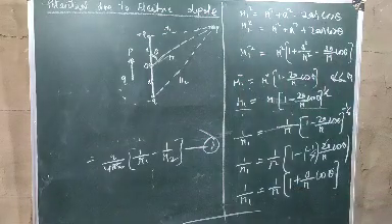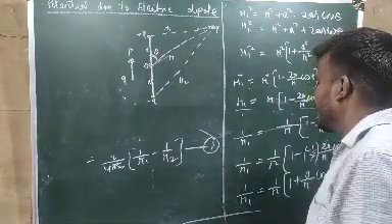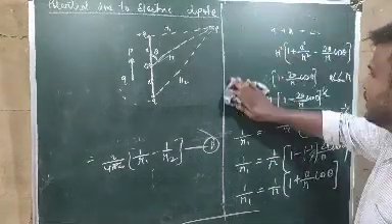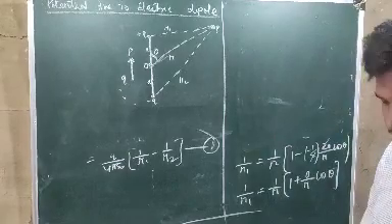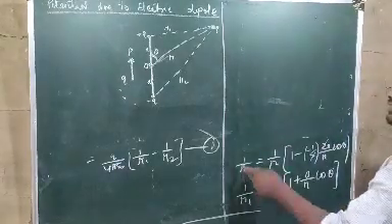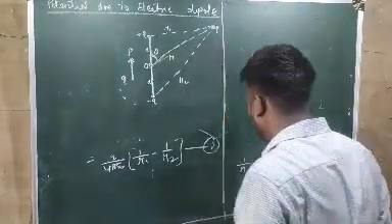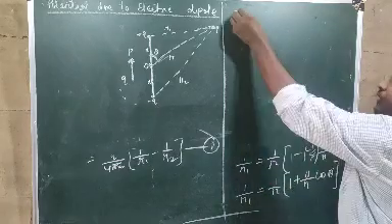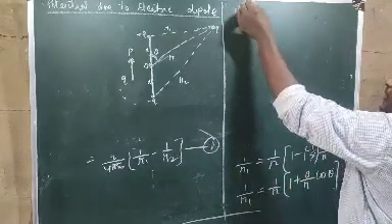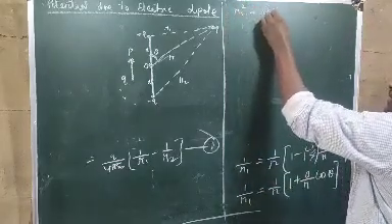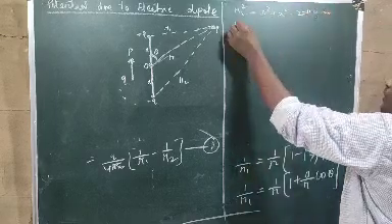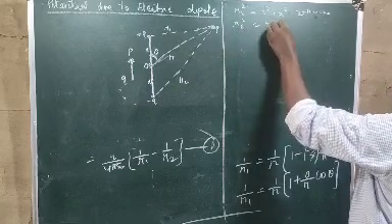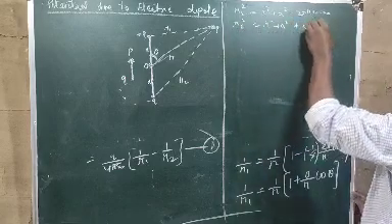So what will be 1 by r2? 1 by r2 will be equal to, see, in the value of r1 square. What is r1 square? r1 square is equal to r square plus a square minus twice a r cos theta, and r2 square was r square plus a square plus twice a r cos theta.